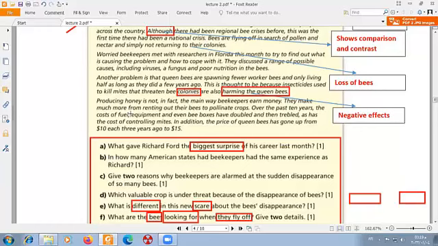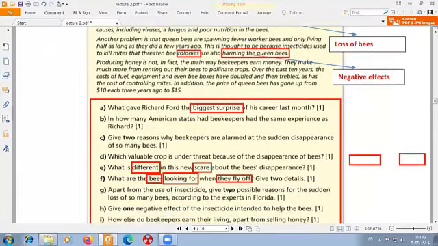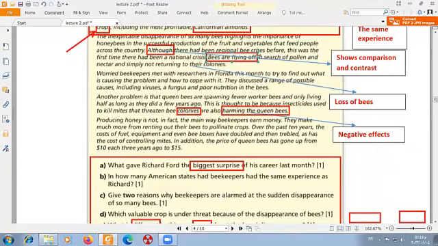Okay, here. Look, what does it say? Bees are flying off in search of pollen and nectar.